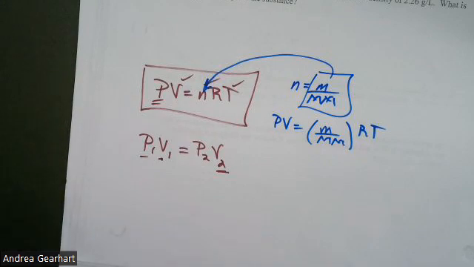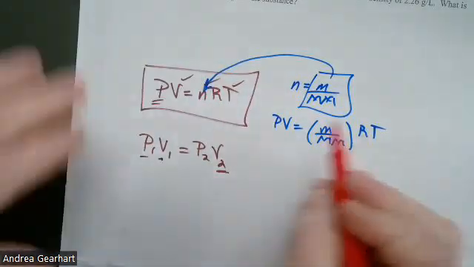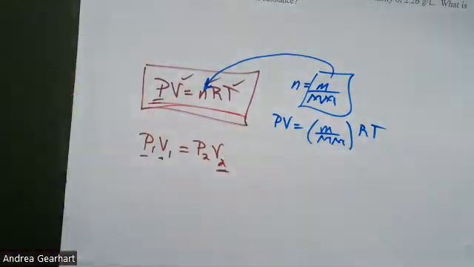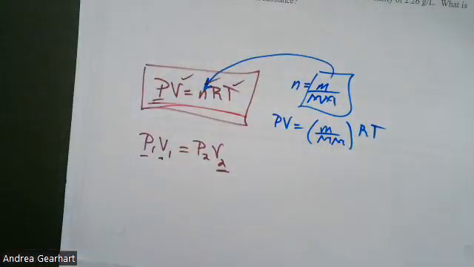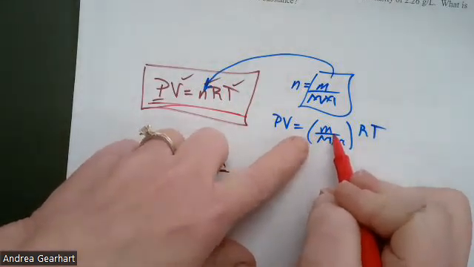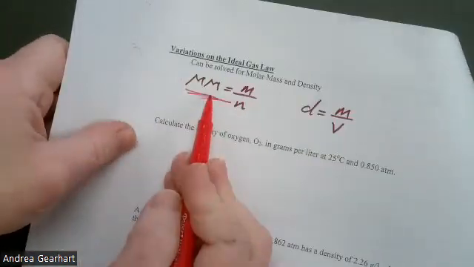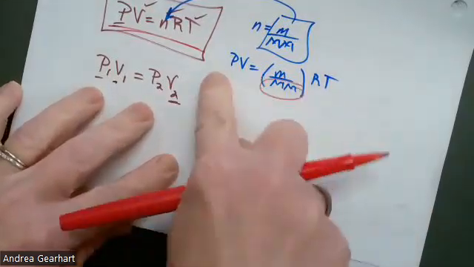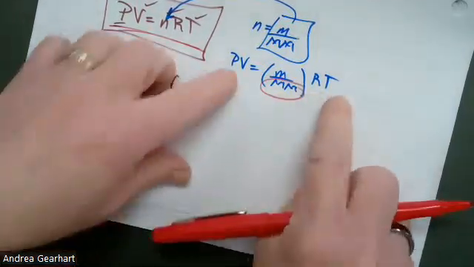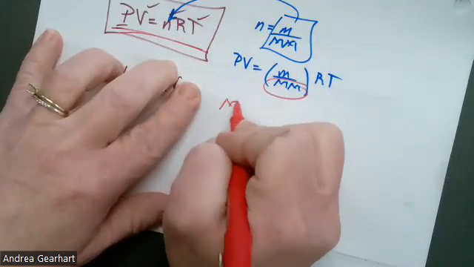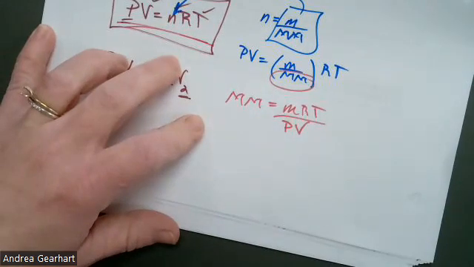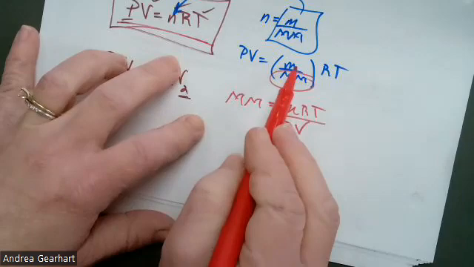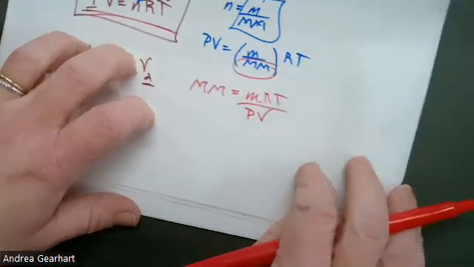Not that you couldn't develop the problem solving just from this, but you probably have to do a couple of steps. If we look at how we can use this, we said molar mass. Well, look, we could derive molar mass right from this equation. So you could get molar mass equals mRT over PV. Oh my, mass divided by volume is density.